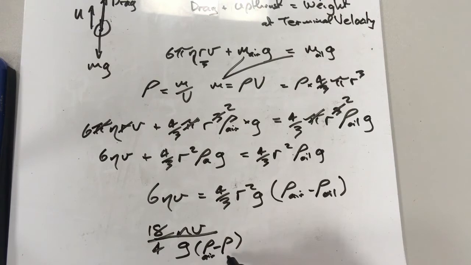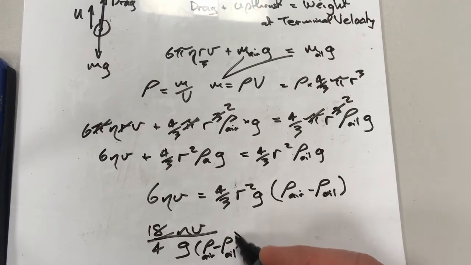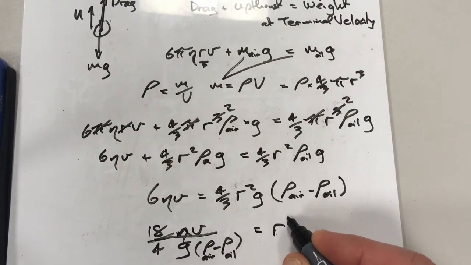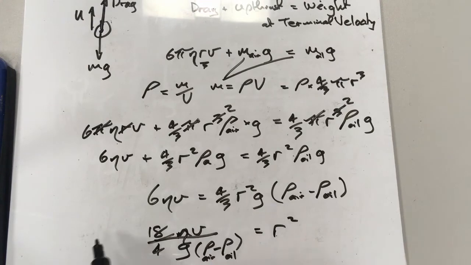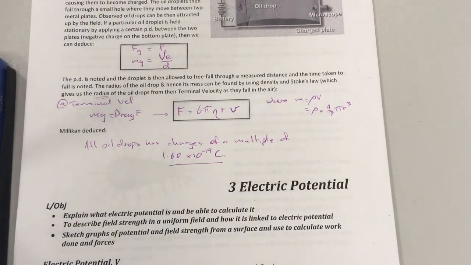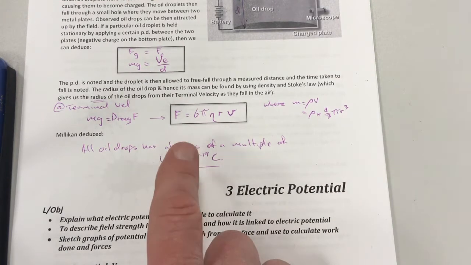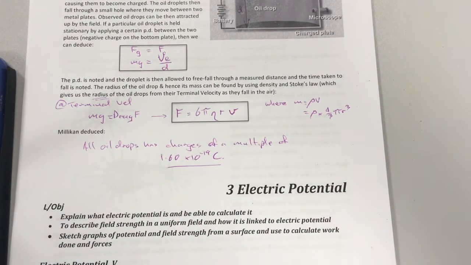So we know those, we can measure those on a vast scale, we know what gravity is, we know what the stickiness, the nu is, and we can measure velocity, and that will give me r squared. So this process gives us the whole radius, and then from there we can find the mass to stick into our section over here, and all of that brings us down to this point. So tricky, but really straightforward in terms of adding up the forces.